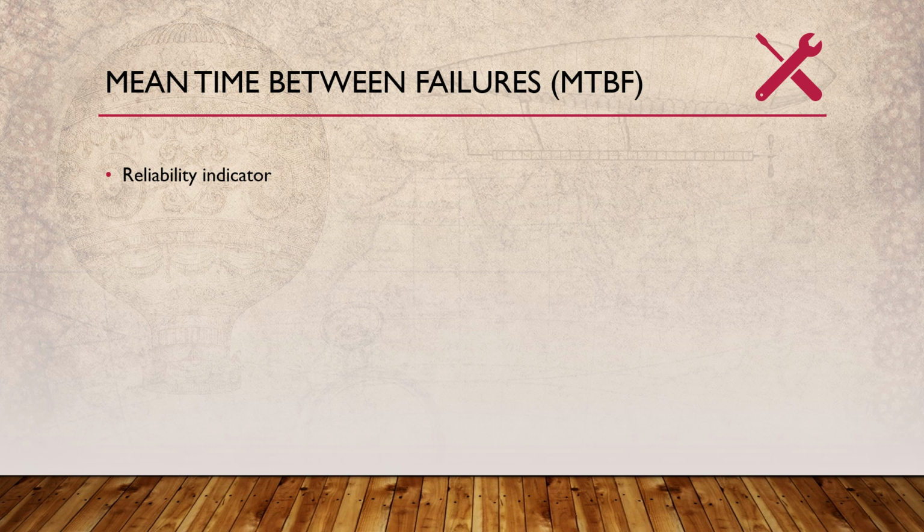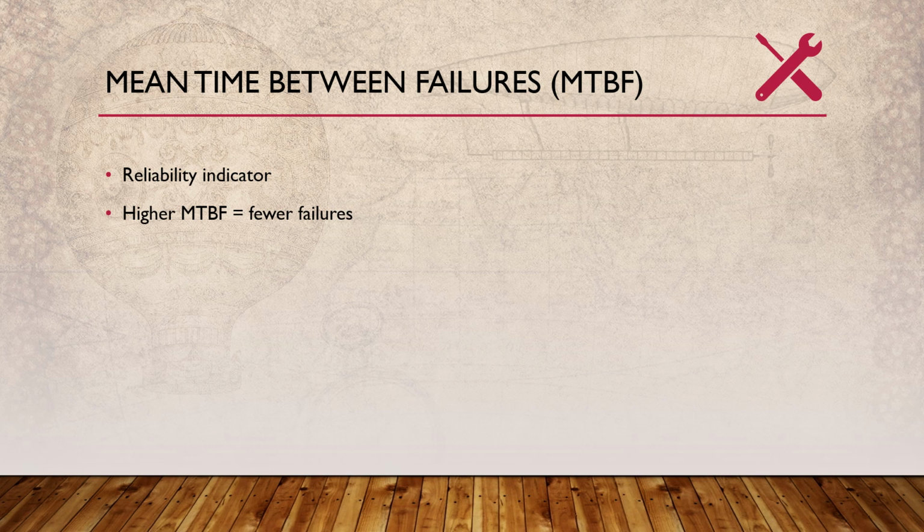Would it fail when you need it, or would it be available to perform its intended function? So this is mean time between failure. A higher mean time between failure basically indicates that the machine has few failures and is available to perform the job.